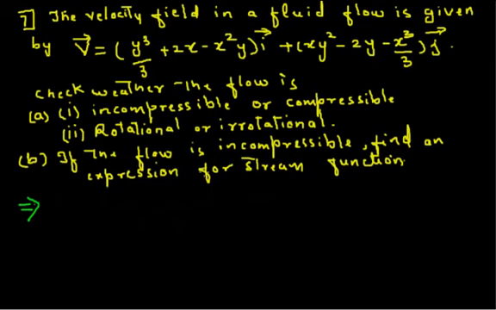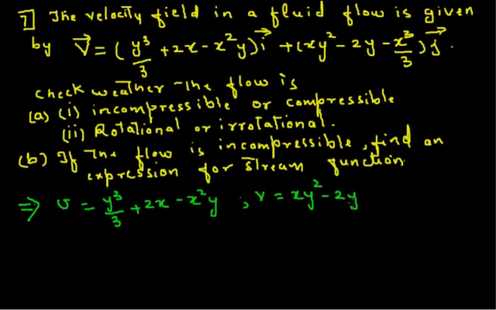We have to find out so many things, and what we are given is only the velocity vector field. So from that you can find out the velocity component u. u is y cube by 3 plus 2x minus x square y, and v is xy square minus 2y minus x cube by 3.